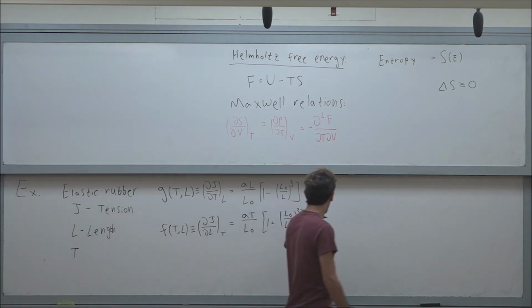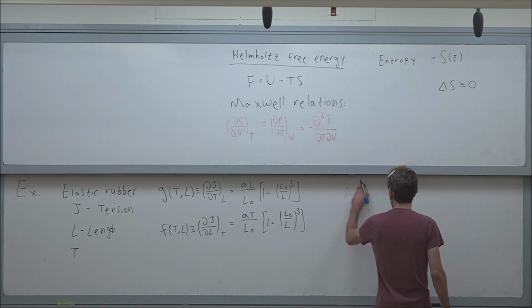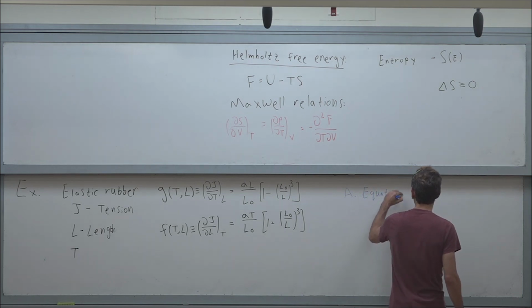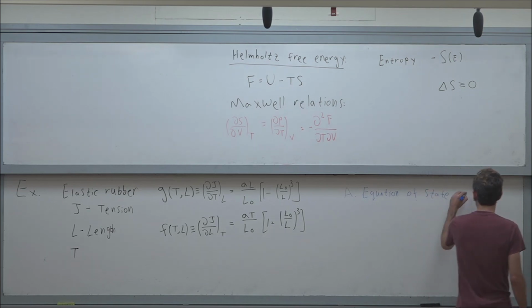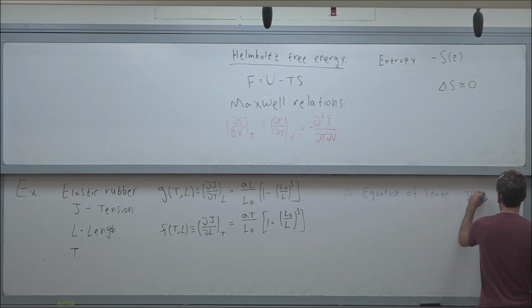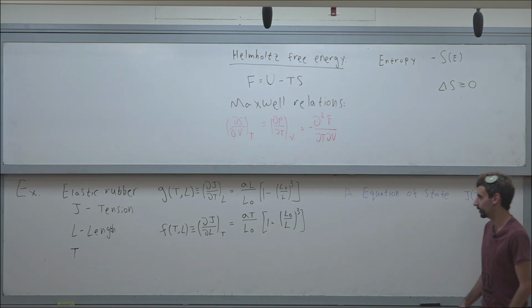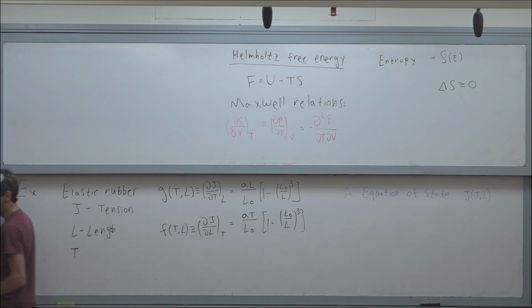So the first thing we need to find out is the equation of state. That J is a function of T and L. We want to see what is the relation between the three parameters.